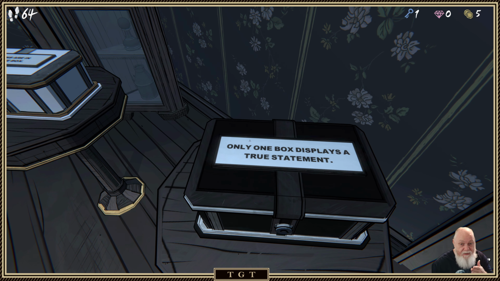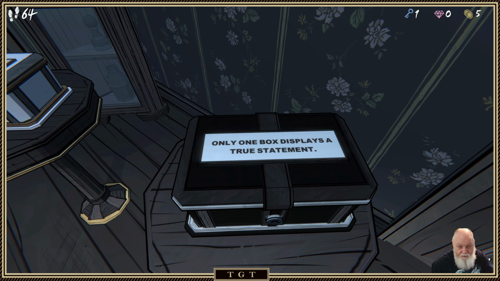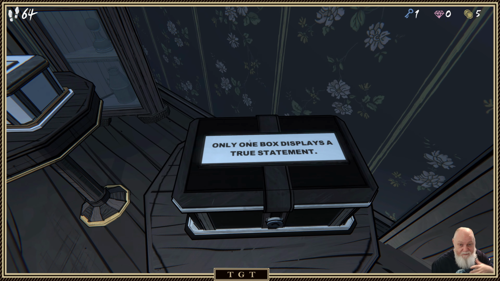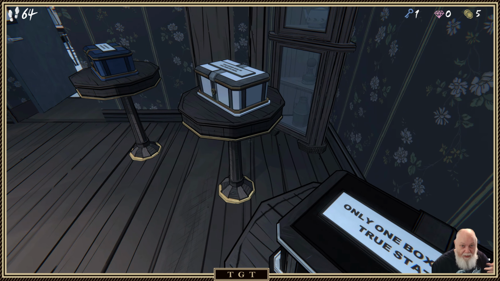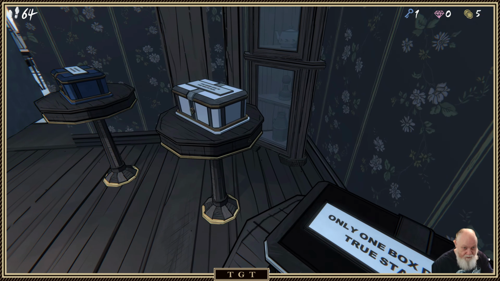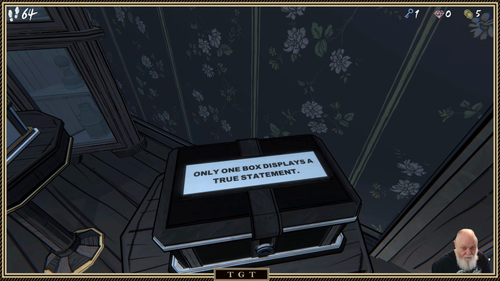So if this is false, then the other two boxes have to be true. Because if this is false, then it has to be that two boxes display a true statement. Since there's only two other boxes, both of those would have to be true.